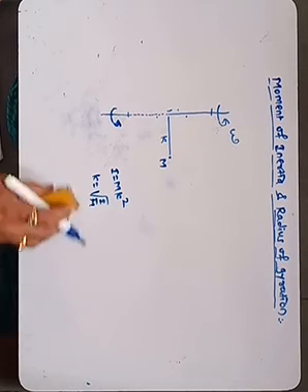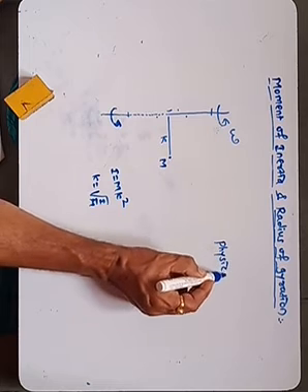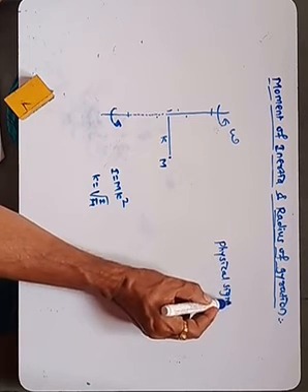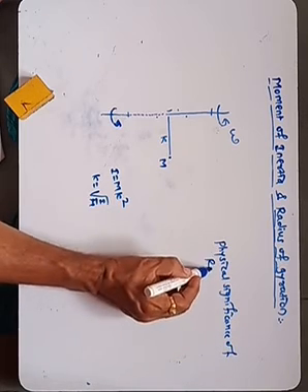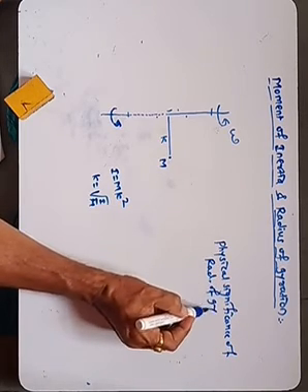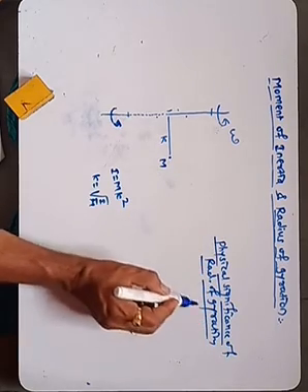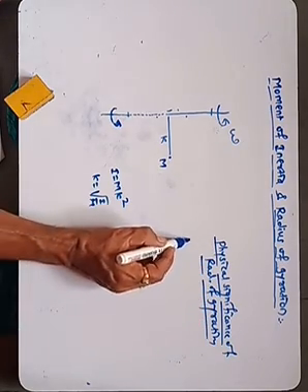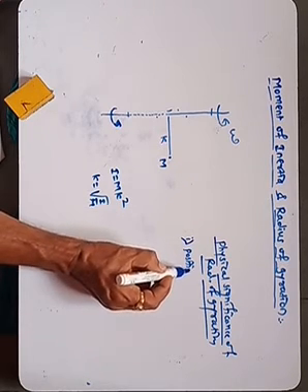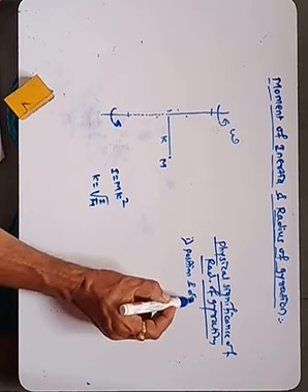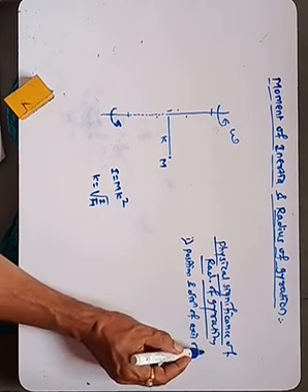And the physical significance of radius of gyration: radius of gyration depends upon, first, the position and direction of the axis of rotation.